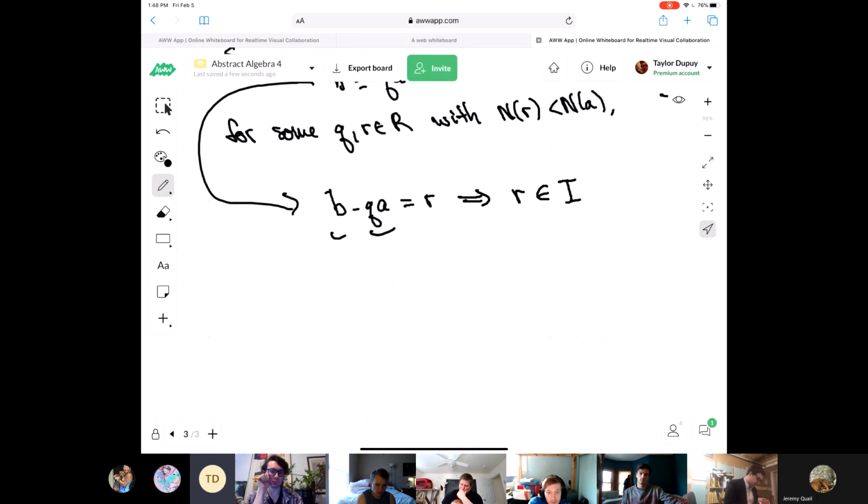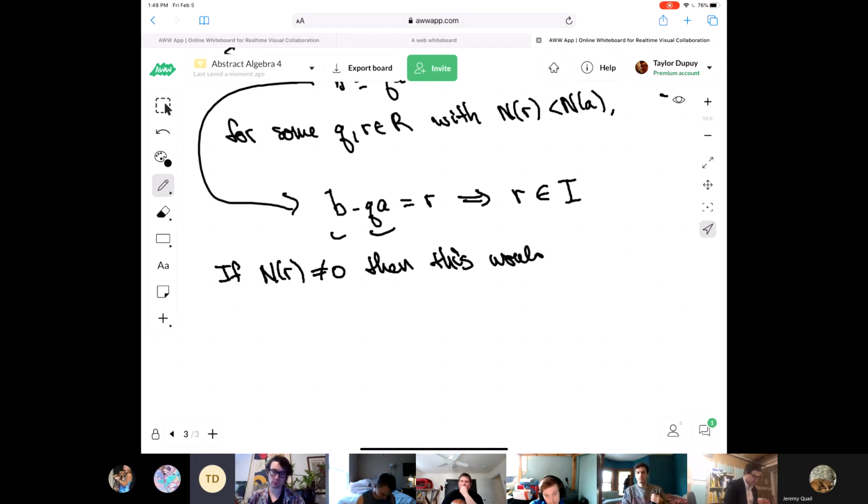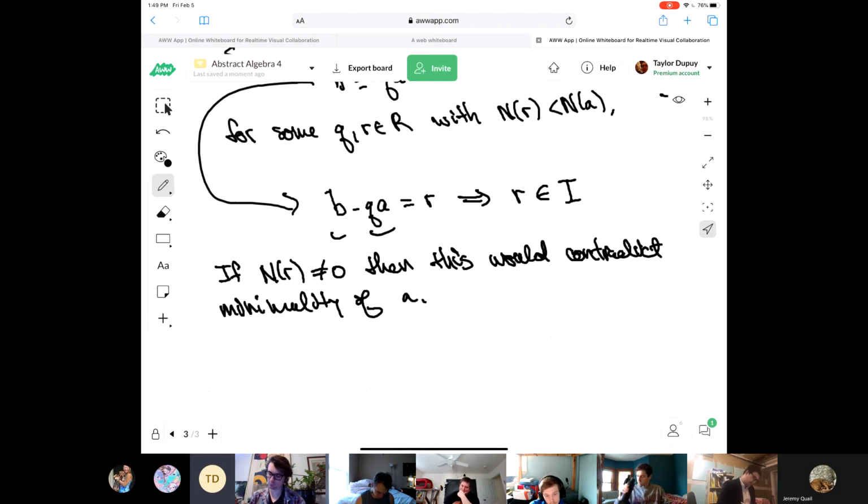But if the norm of R was not equal to 0, then this would contradict the minimality of A. So hence the norm of R is 0, and R is equal to 0.